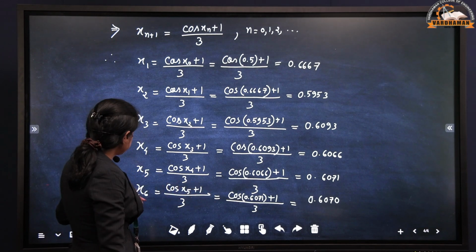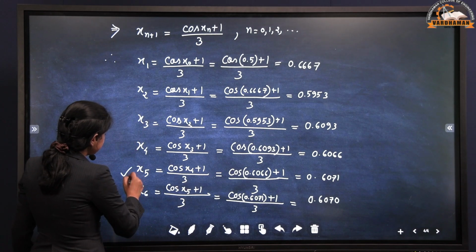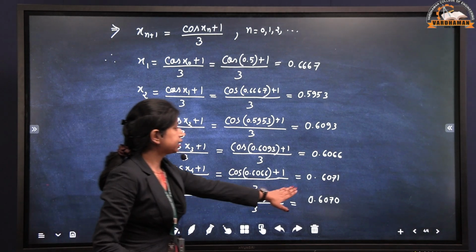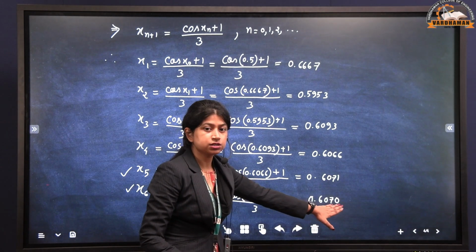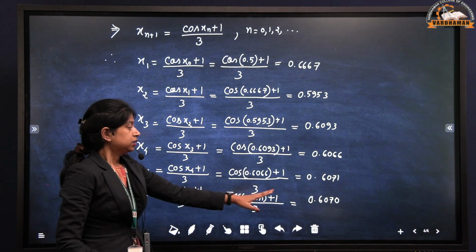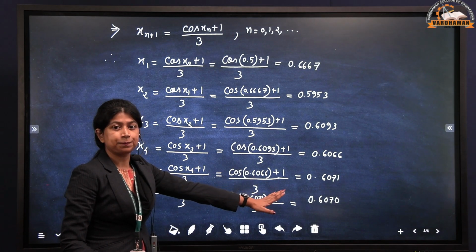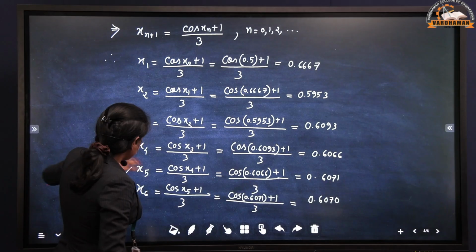We stopped at x6 because look at x5 and x6. We are getting 0.6071 and here 0.6070. So up to 3 decimal places the root is the same.